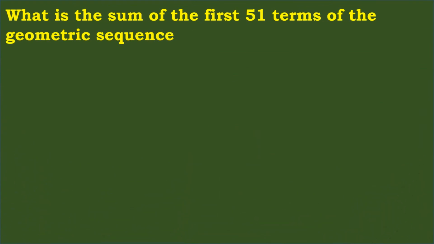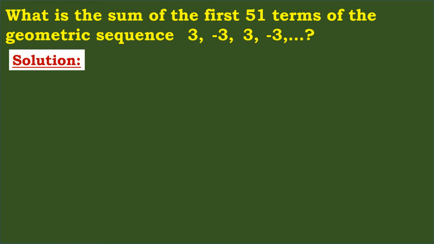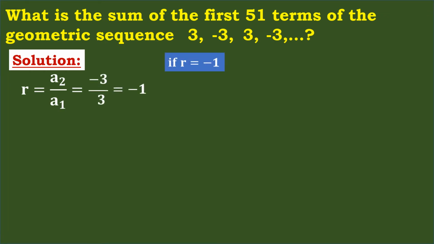Next example. What is the sum of the first 51 terms of the geometric sequence 3, negative 3, 3, negative 3, and so on? Ayan na naman. Nagkaiba lang kasi negative 3 tapos 3. So, ang common ratio niya obviously ay negative 1. Ang ating condition, if the common ratio is negative 1 and the number of terms is odd.